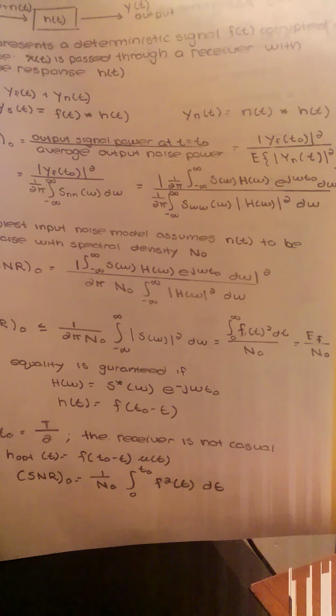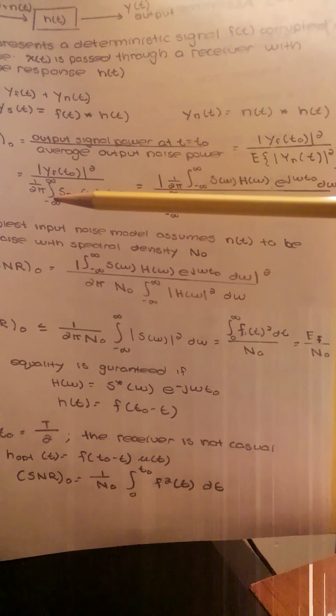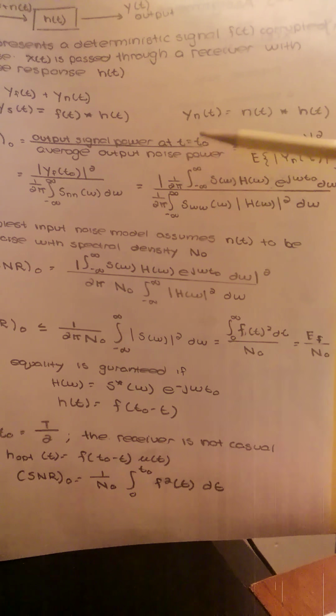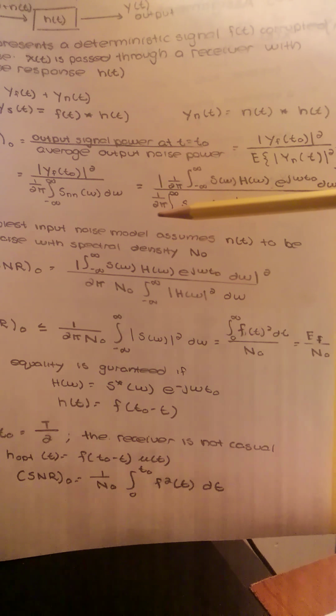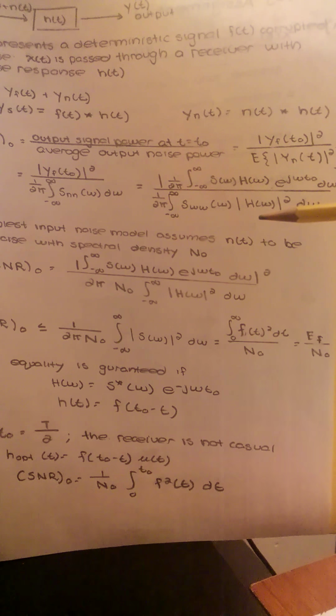Keeping in mind what we just went over, we can simplify that to 1 over 2 pi times the integral from negative infinity to infinity of the power spectrum S of omega times the frequency response H of omega times e to the j omega t0 d omega, squared, divided by 1 over 2 pi of the integral from negative infinity to infinity of the power spectrum times the frequency response squared d omega.